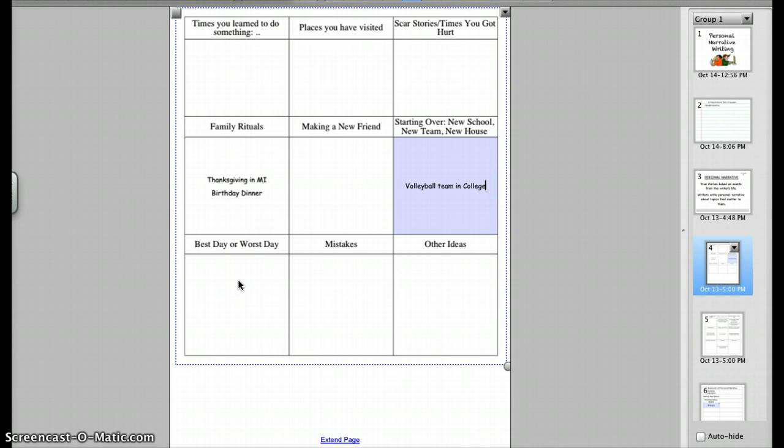Best day or worst day? Ooh, some of us don't really want to share those, but we do. They make great stories. Mistakes that you maybe have made. Oh, I remember one not too long ago. I left the door hatch of my car open when I was pulling out of the garage. It broke the back door on my car.